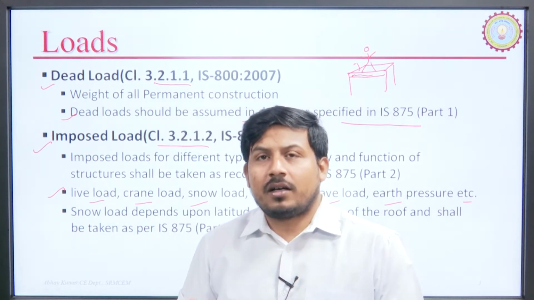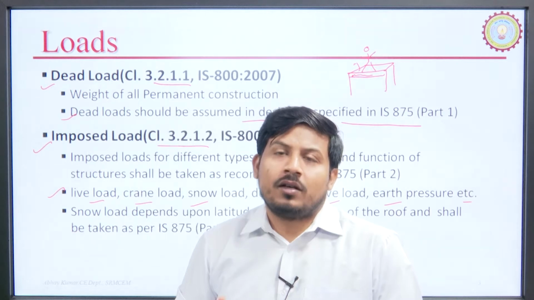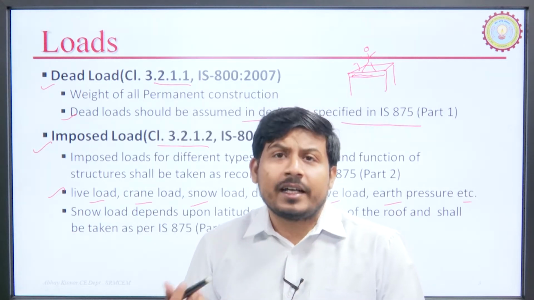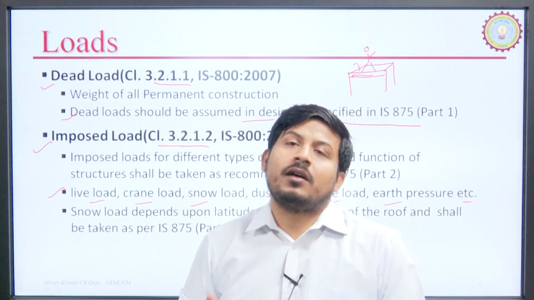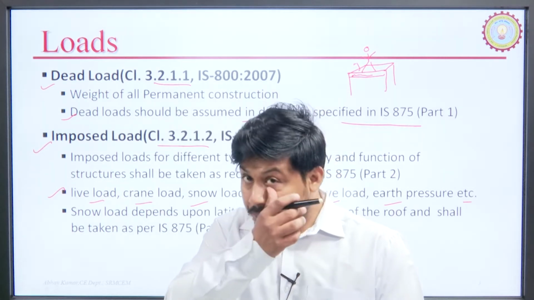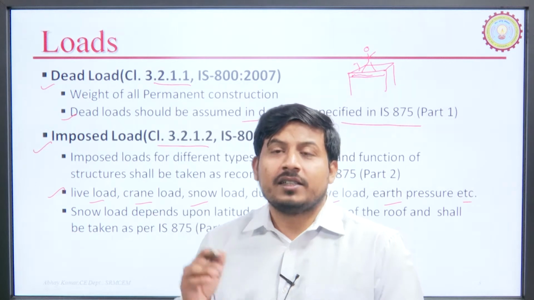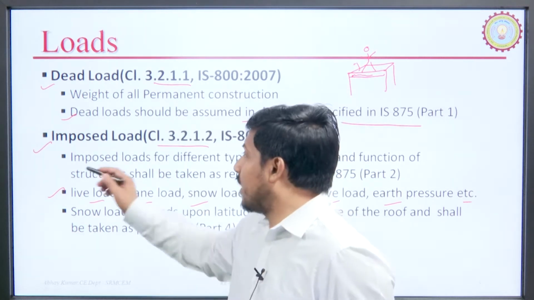We must think what kind of loading is coming on the structure and what is its nature. Is its nature permanent or temporary or of occupant or imposed kind, then it will lie in the imposed load category.